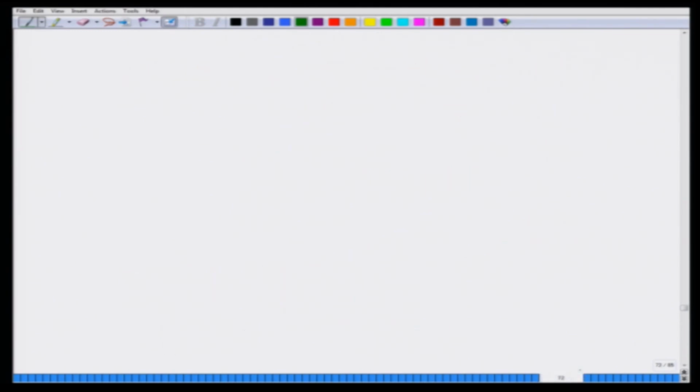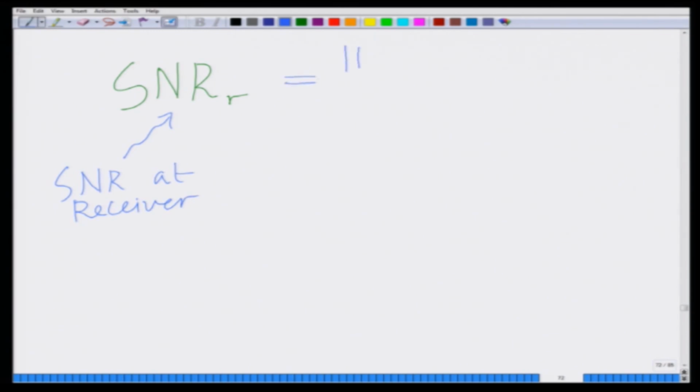So what we are saying is the following: the SNR at the receiver equals magnitude of Hk square P, where P is the symbol power, divided by n sigma square.